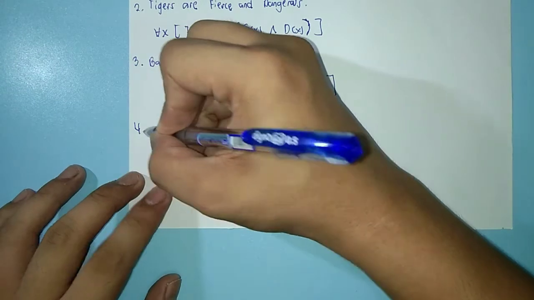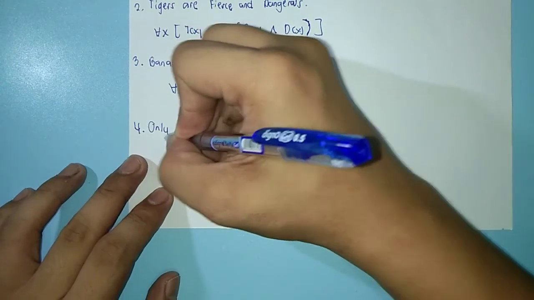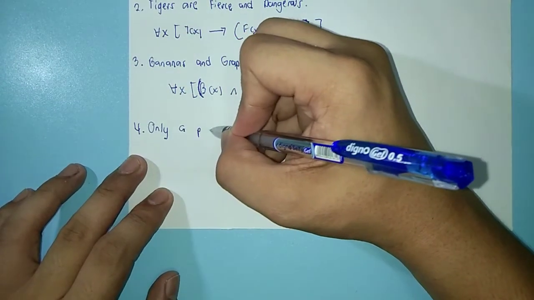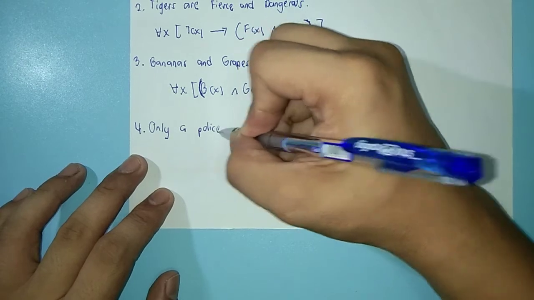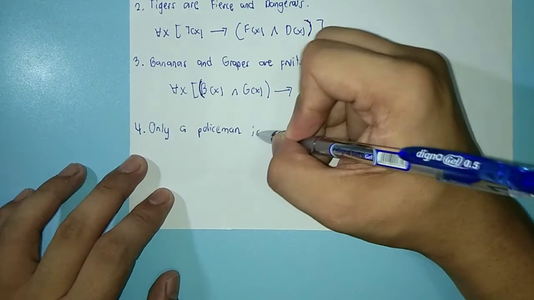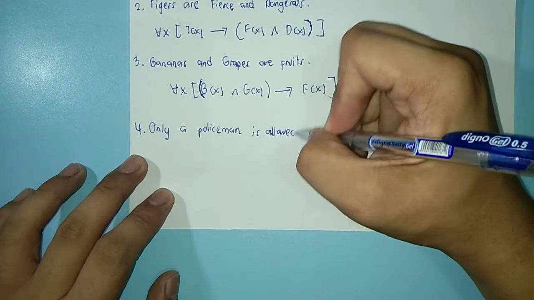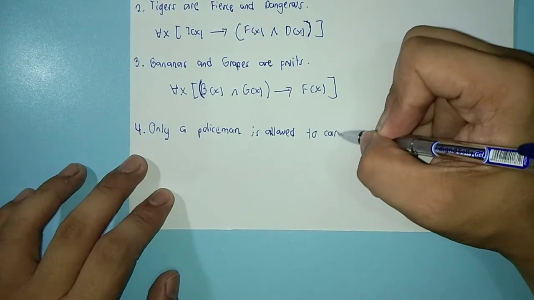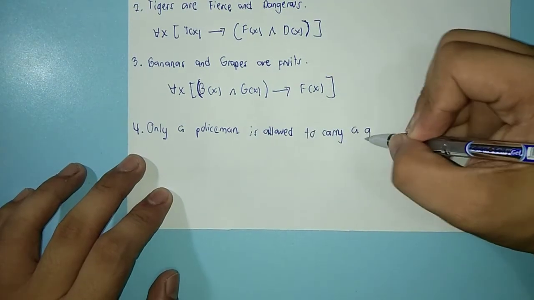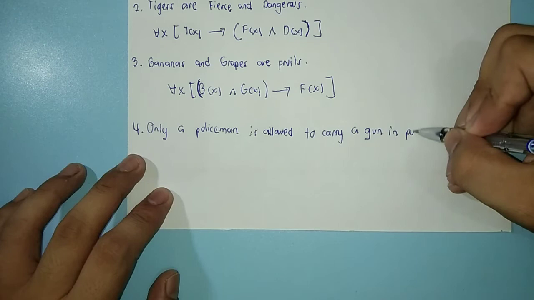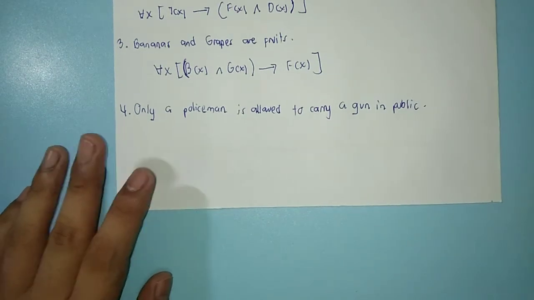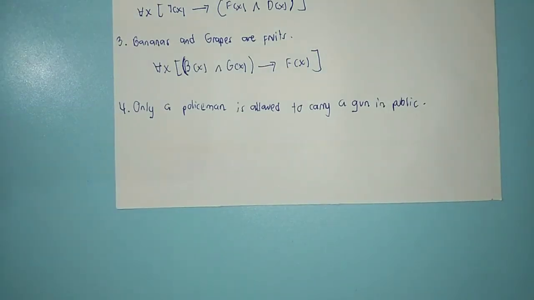So number 4. Only a policeman is allowed to carry a gun in public. Okay? So we are talking about policeman and a gun.